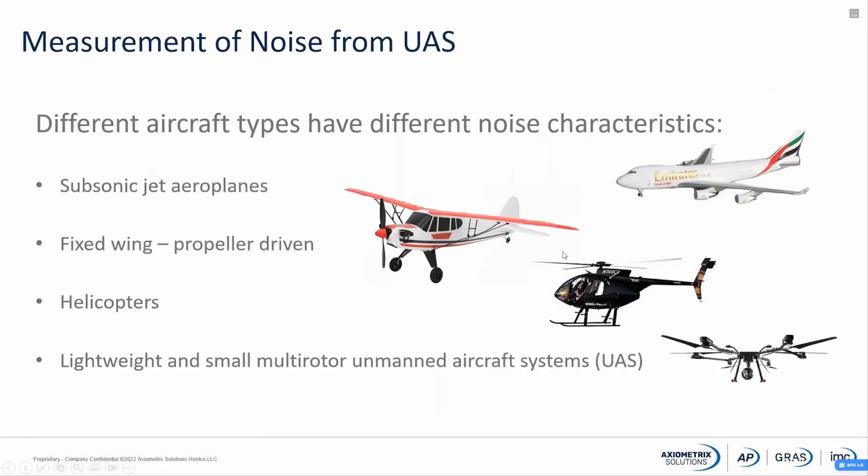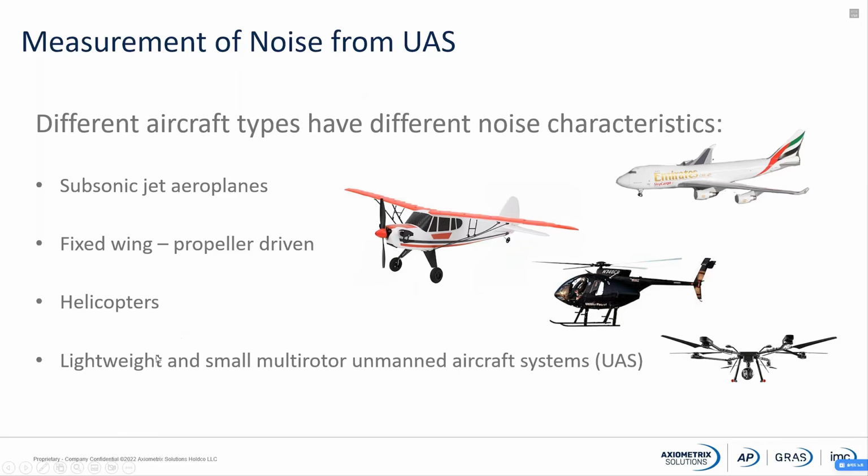First of all, let's take a look at different categories of aircraft. Here we have what we call subsonic jet airplanes. That is the commercial jets that operate in most of the airports today. We have also fixed wing propeller driven, which is what you see here on the picture.